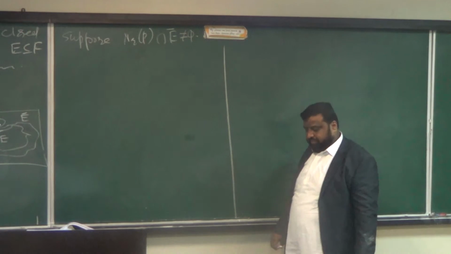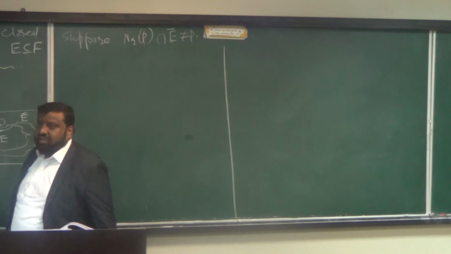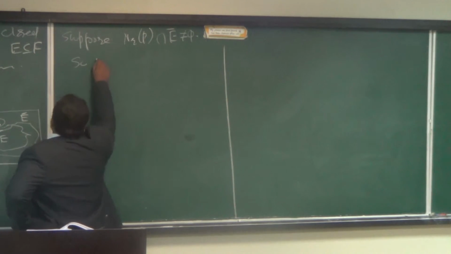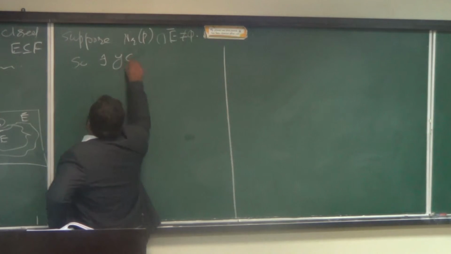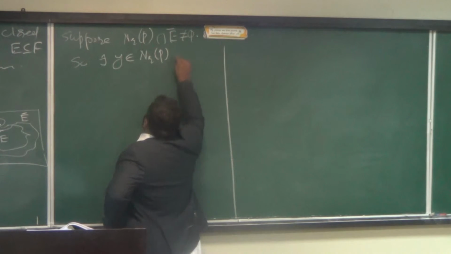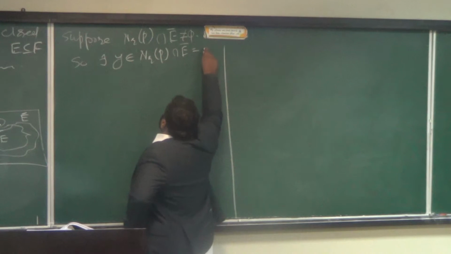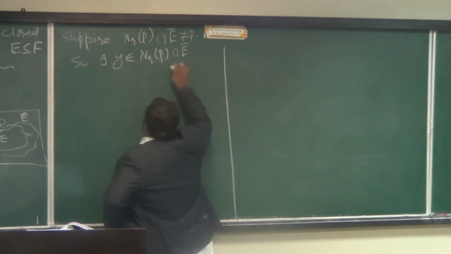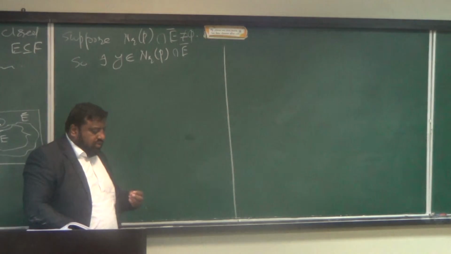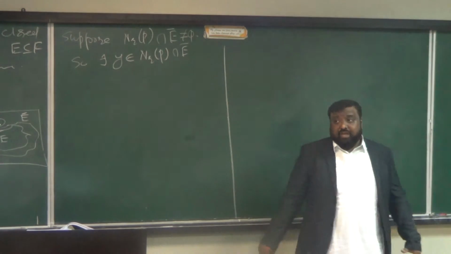So what does it mean? It means that there exists a Y in both N out of P and E closure. Take a minute and think about why this Y should be a troublemaking thing.